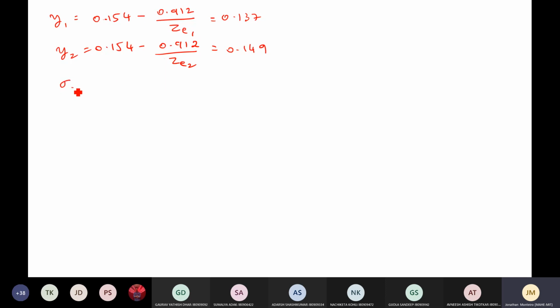Next, the product sigma D1 Y1, that is 220.6 into 0.137, and sigma D2 Y2 should be 233.4 into 0.149.